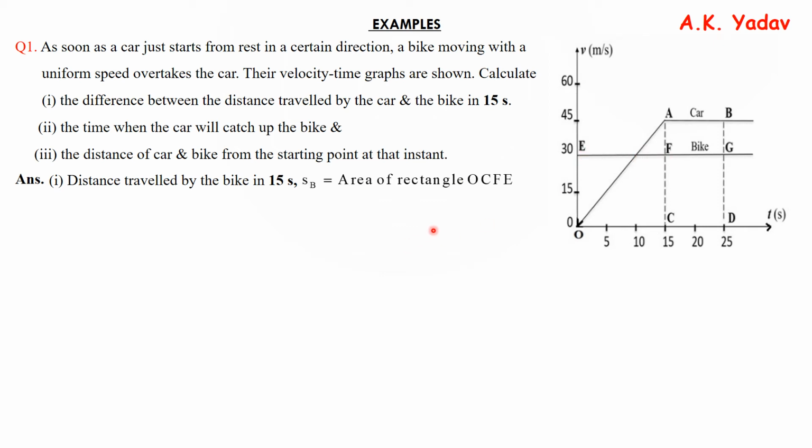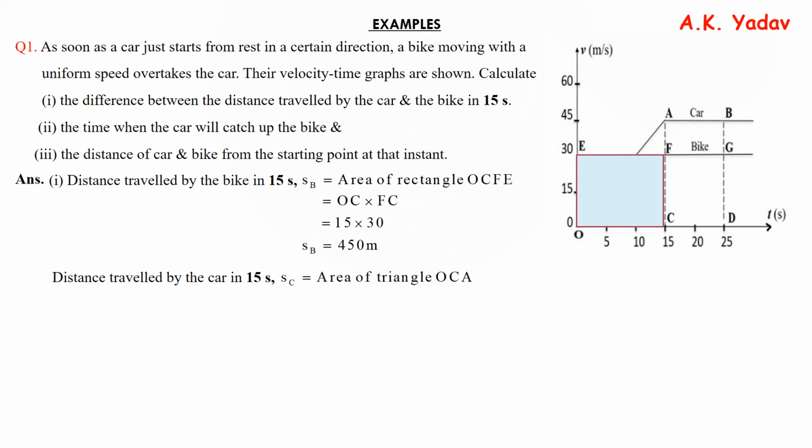Okay, so what is the distance traveled by the bike in 15 seconds? That is equal to area of the rectangle OCFE, which is equal to OC into FC, which is 15 into 30, that is 450 meter. Now, what is the distance traveled by the car in 15 seconds?